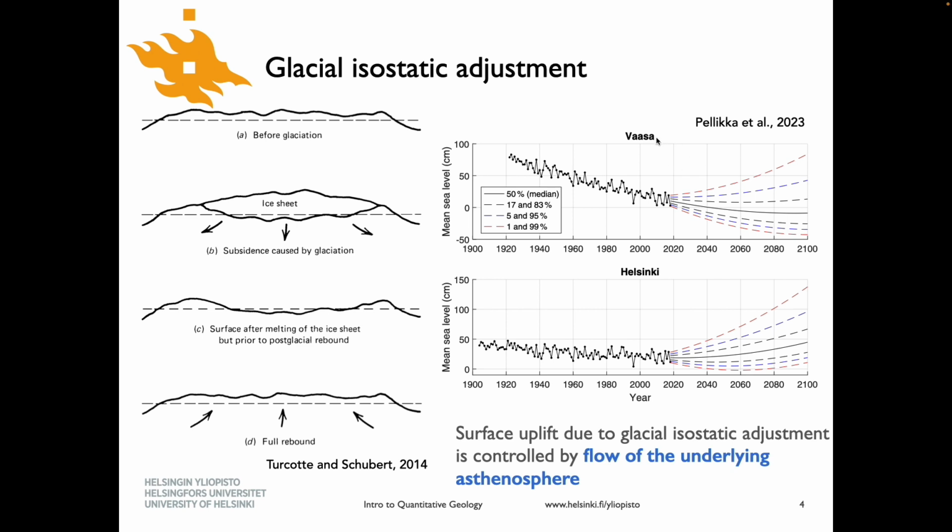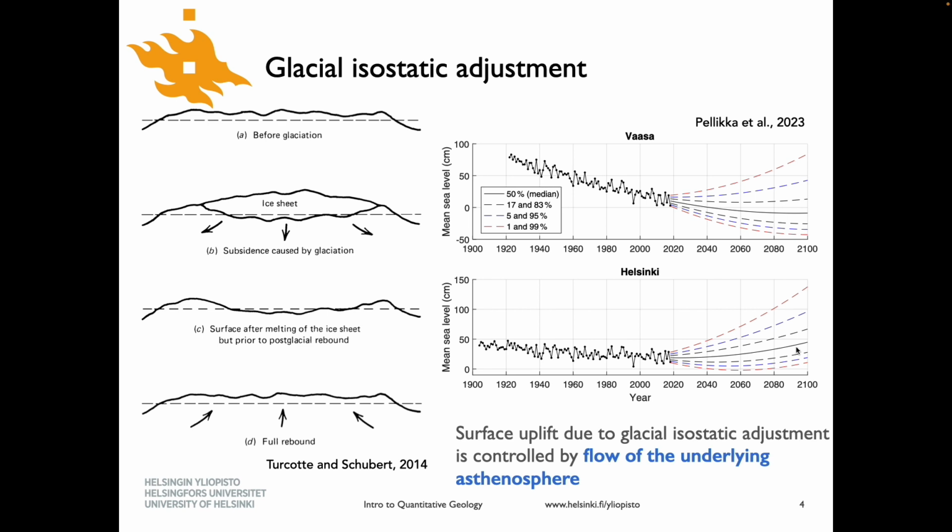Obviously in Vaasa, you're on or close to the Gulf of Bothnia, where you have among the fastest rates of rebound of the surface from post-glacial isostatic adjustment. And here in Helsinki, you've got a much lower rate of land surface uplift. Depending on what assumptions you make and which models you use, the expectation would be that relative sea level would be going up in the next roughly 80 years in most cases in Helsinki.